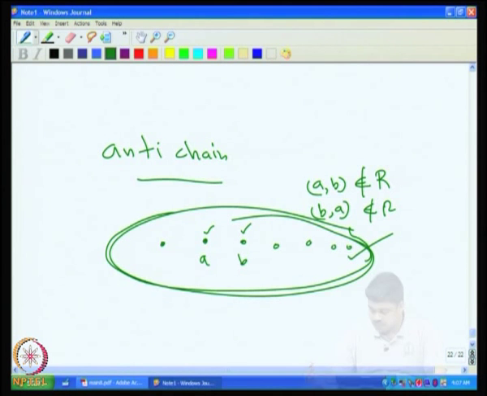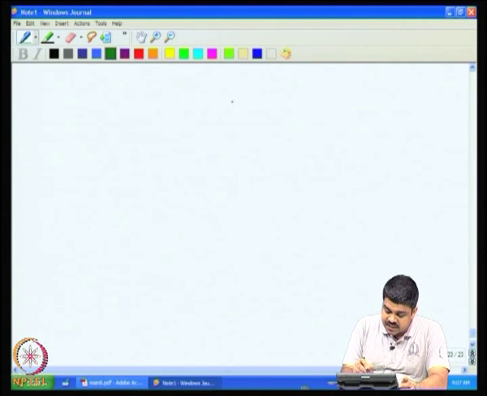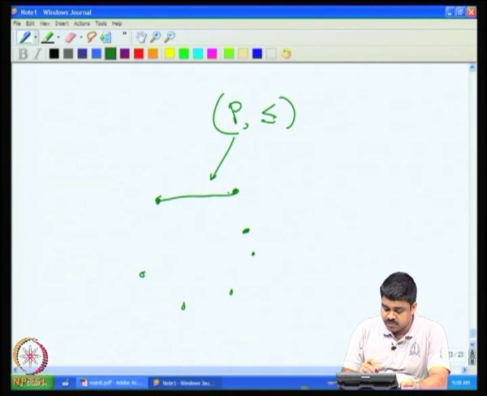For instance, one way of easily visualizing this is to draw the partial order. A partial order has a base set of elements, say P, and then there is a relation on it. The elements of P can be seen as the vertices, and if two elements are related, I can put an edge between them.